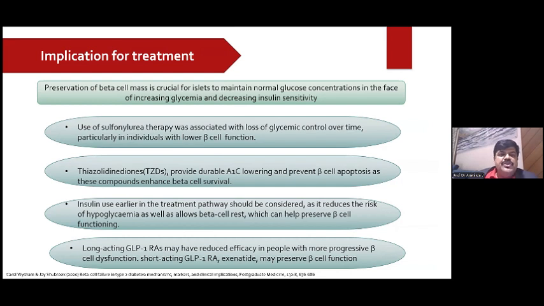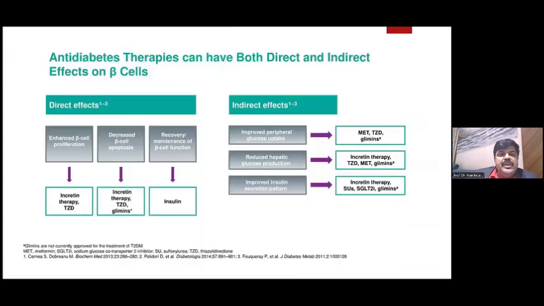So preservation of beta cell mass is crucial for islets to maintain normal glucose concentration in the face of increasing glycemia and decreasing insulin sensitivity. So the use of so many drugs like sulfonylureas, thiazolidinediones, insulin, GLP-1 RAs depends upon the beta cell mass.